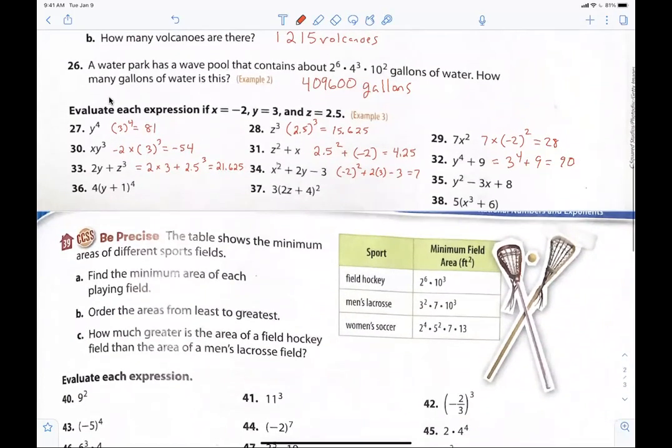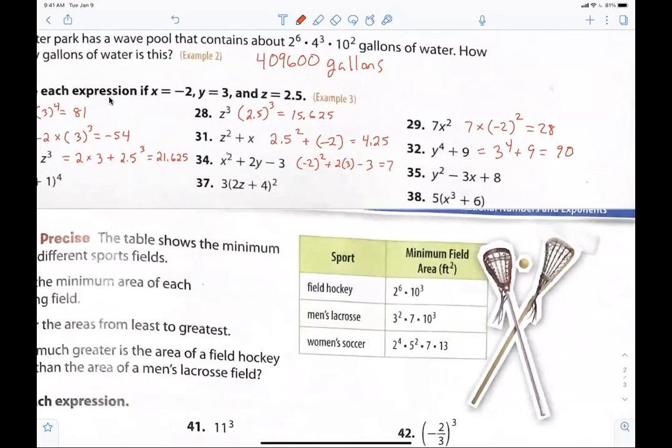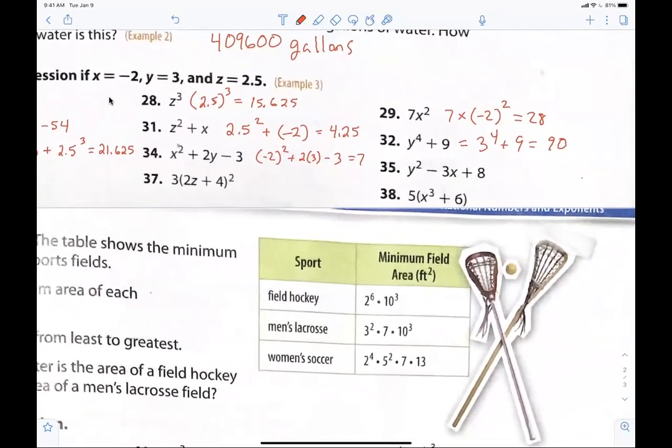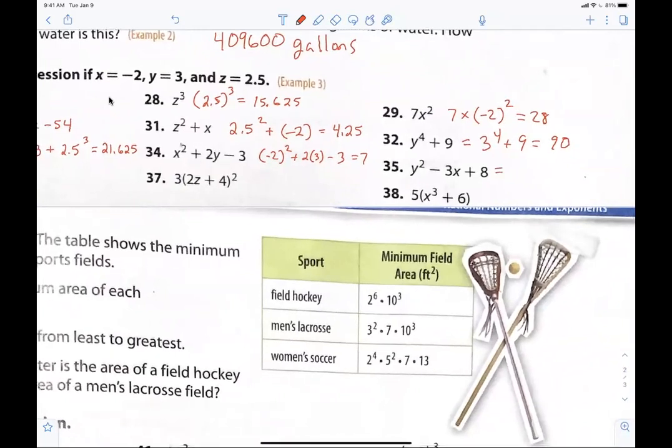We still have, how much time do we have? What time's the bell ring? 11. Yeah, let's go ahead and do some more problems. All right, Aiden, I'll let you do 35. It's 3 to the second power minus 3 times -2 plus 8.